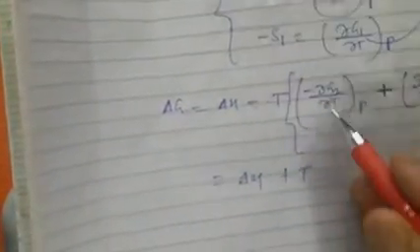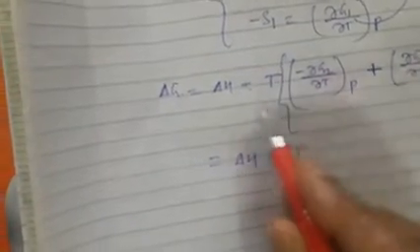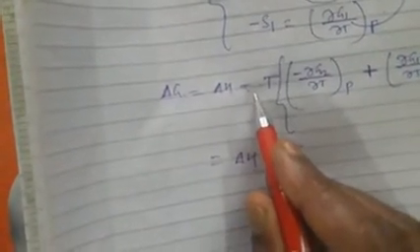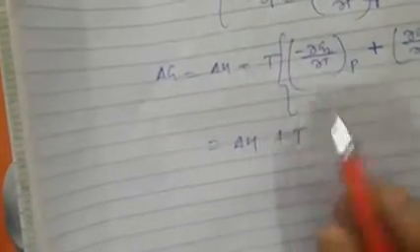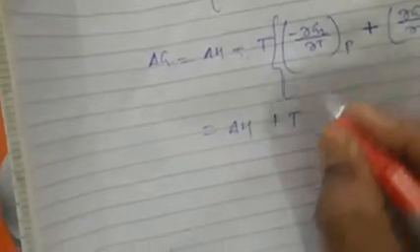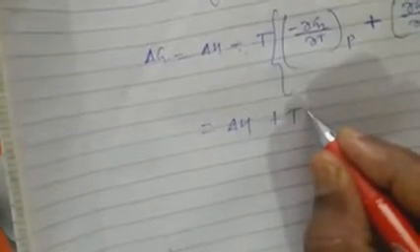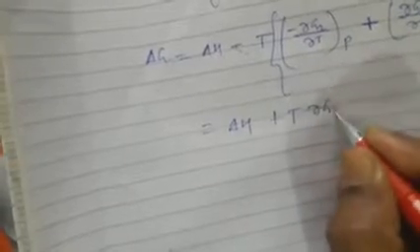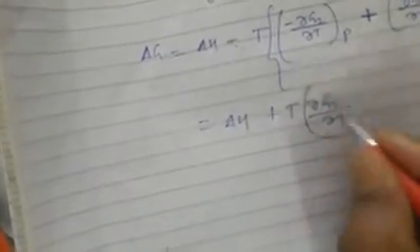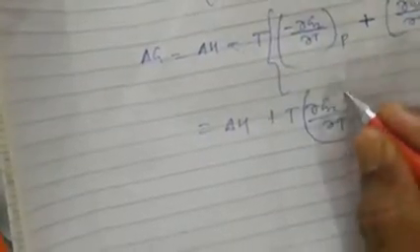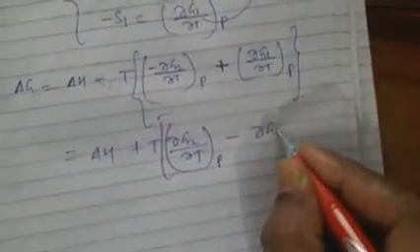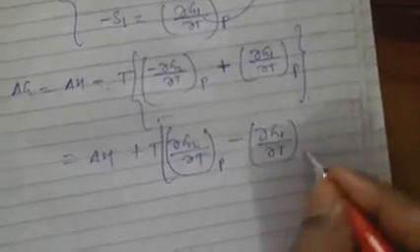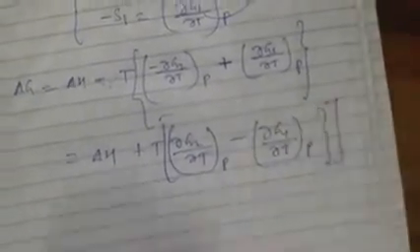At the place of S2 I have replaced this, so it becomes delta H plus T del G2 by del T, minus del G1 by del T at P.